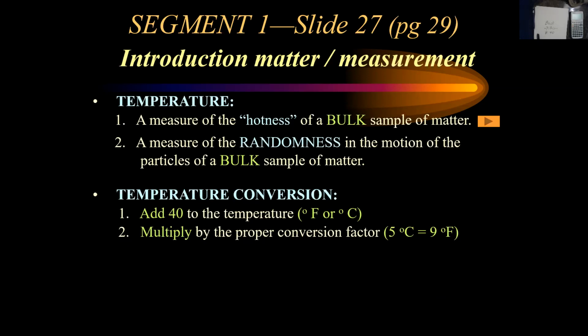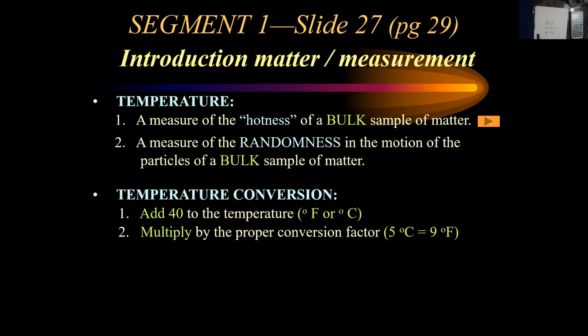Now we want to do a unit conversion. Between boiling water and freezing water, water boils at 100 degrees Celsius and freezes at 0. So the difference in hotness of freezing water and boiling water is 100 Celsius degrees. On the Fahrenheit scale, water boils at 212 degrees Fahrenheit.